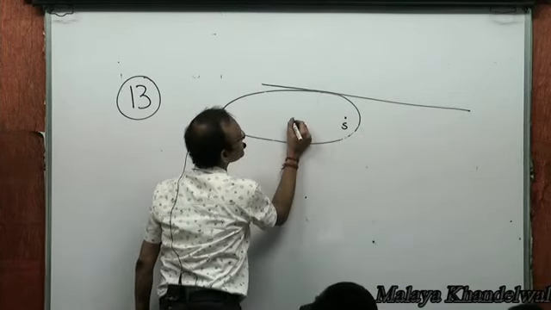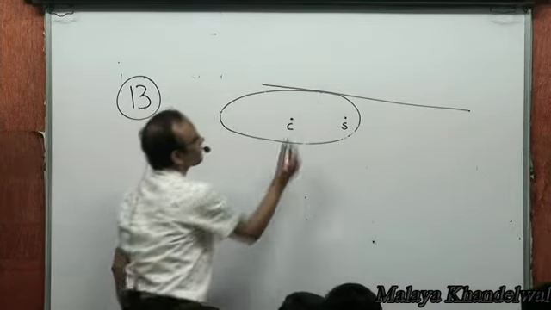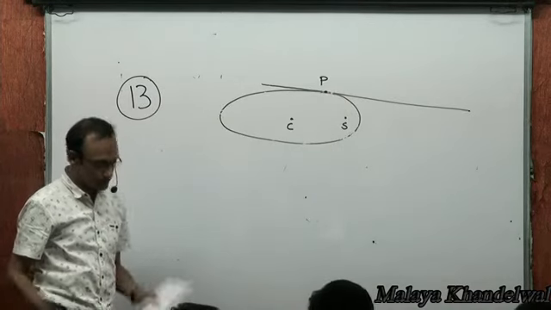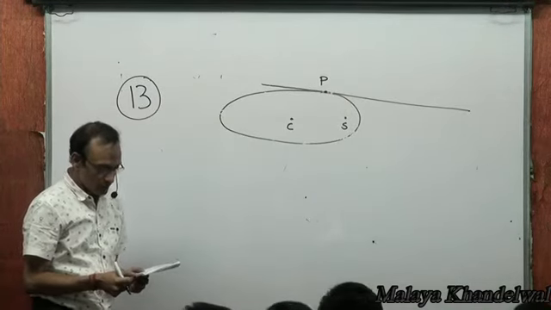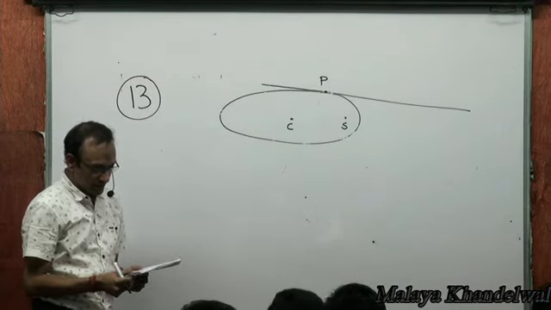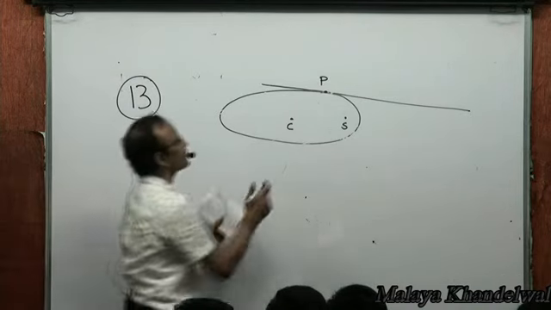This is the center C. This is the focus S, right? This is the point of tangency. We want to show that the perpendicular from a focus upon any tangent and the line joining the center of the ellipse to the point of contact meet on the corresponding directrix.